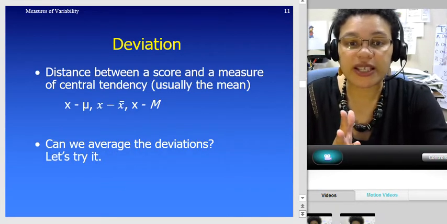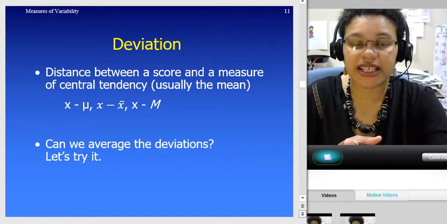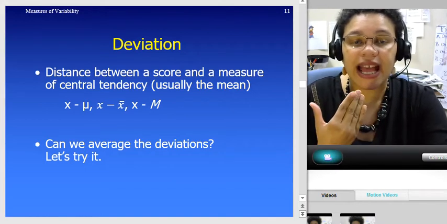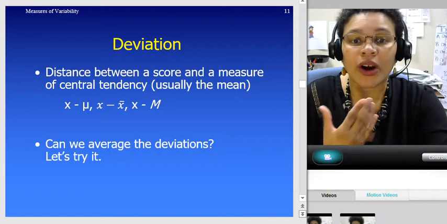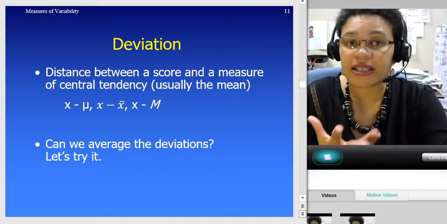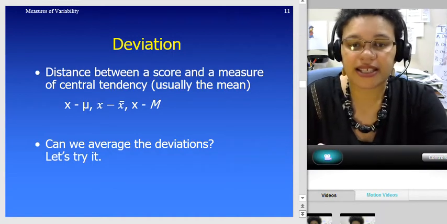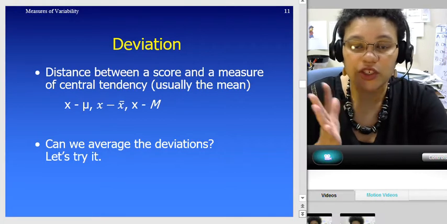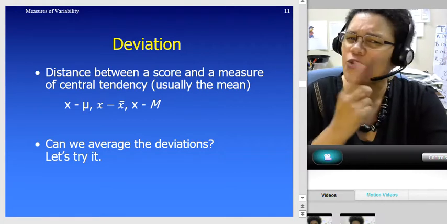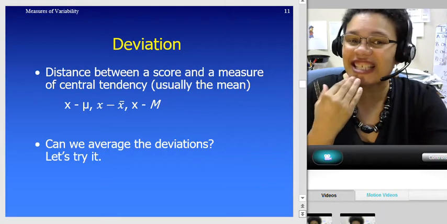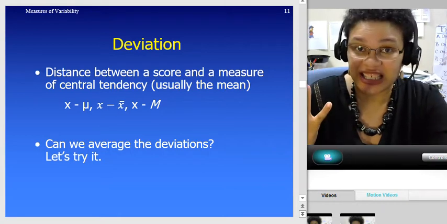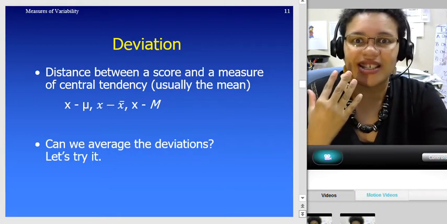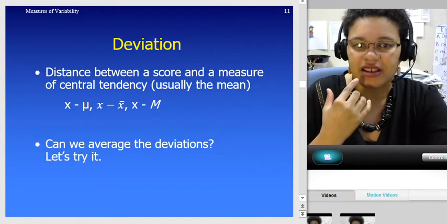The distance between a score and a measure of central tendency would be notated as x minus mu, or x minus x bar, or x minus M. That's the difference between some individual score and the mean. Can we average those deviations? Deviation is just this distance. Can we average those deviations? Let's try it.